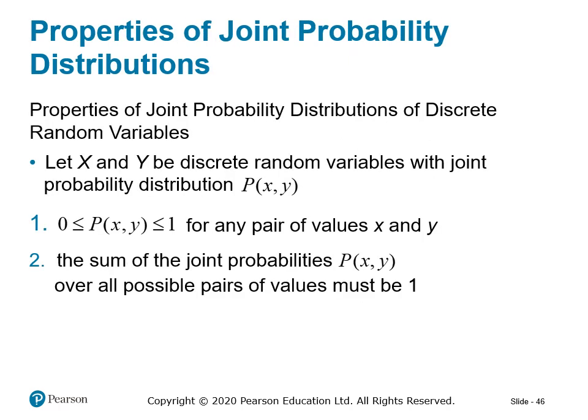So the properties of this joint probability distribution of discrete random variables: I'm going to let x and y be discrete random variables with joint probability of small x, small y. That is, the probability of x, y has to be between 0 and 1 for any pair of x and y. And the sum of all the joint probabilities, just like regular probabilities, has to sum to 1.